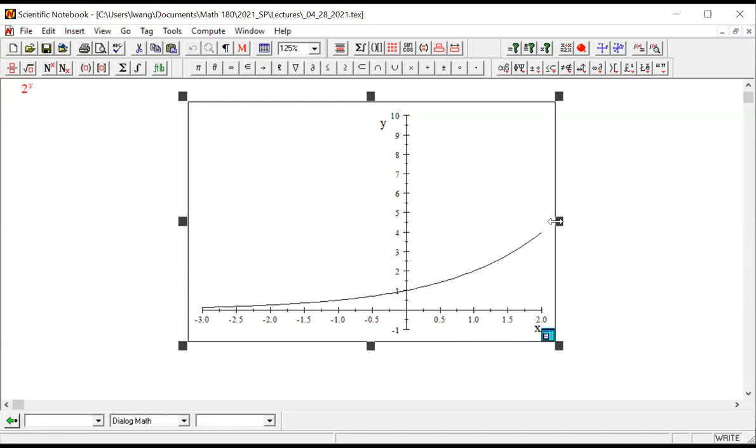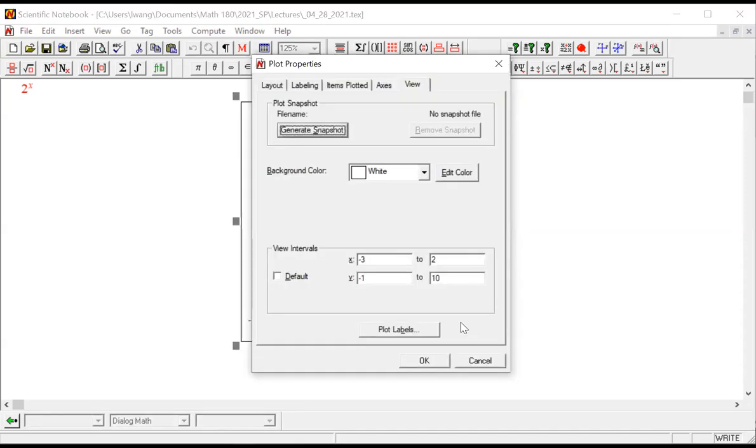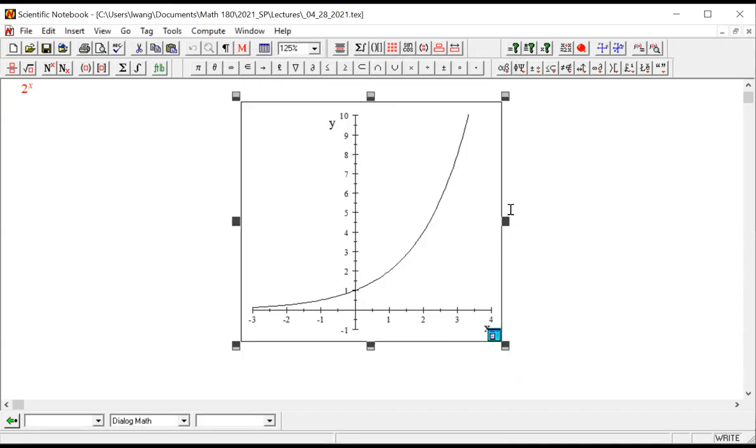This curve looks so weird. Uh, 4. See how that goes. Okay, this is better. So this is 2 to the power x.